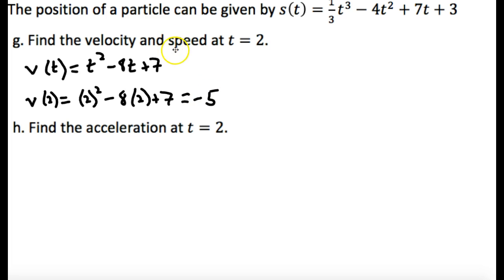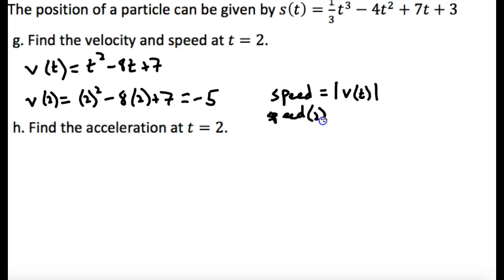Now speed, we said, was just the absolute value of velocity. So the speed at time t equals 2 is going to be positive 5. So I guess I'll write it like this.